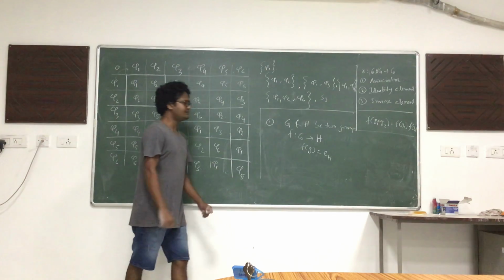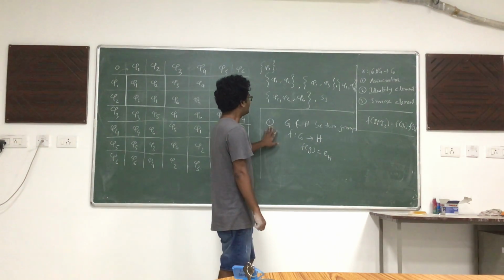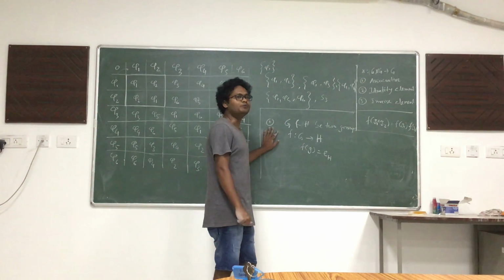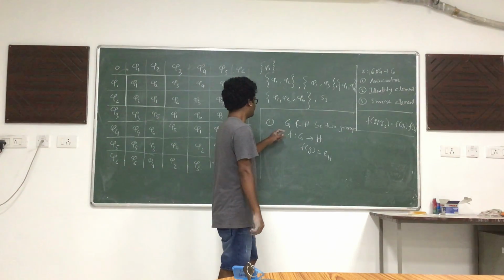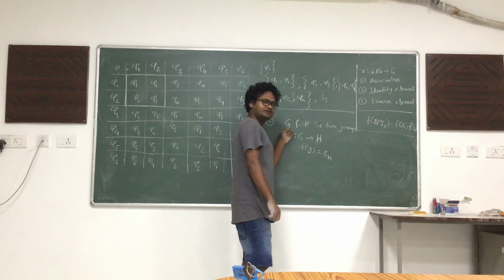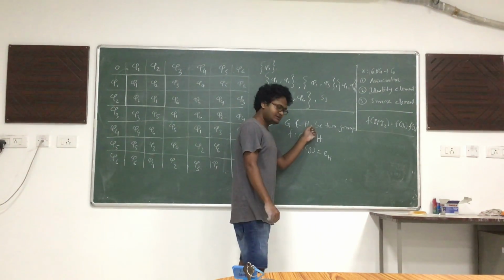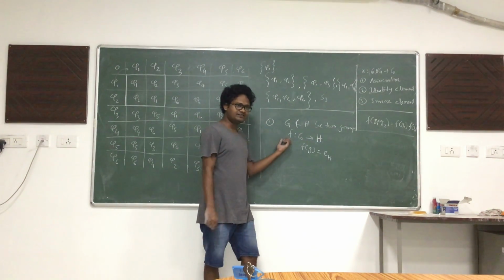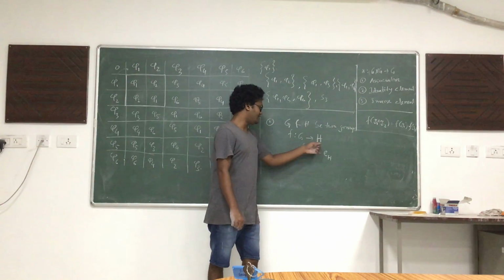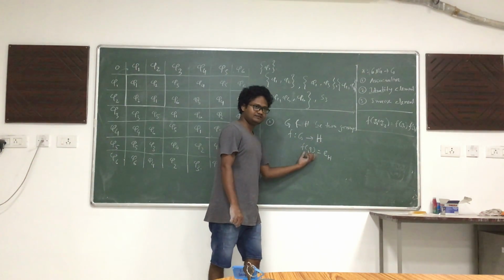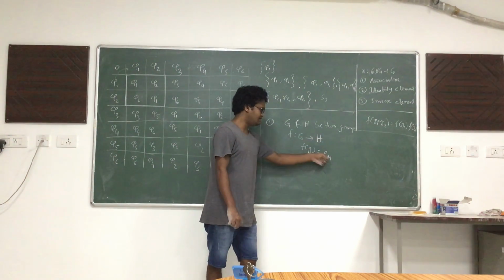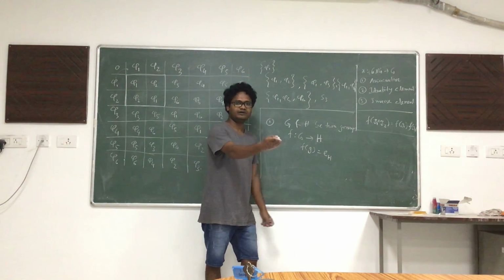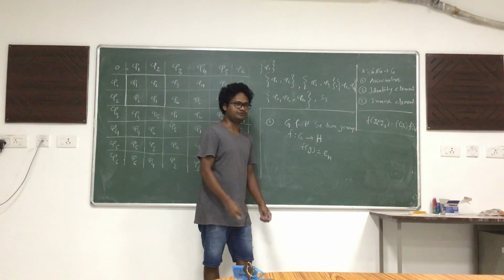The question is, this is an example of homomorphism. What is the example? G is a group, H is another group, and I define a function f from G to H, and the function definition is it takes any element of G and sends it to the identity element of the other group.